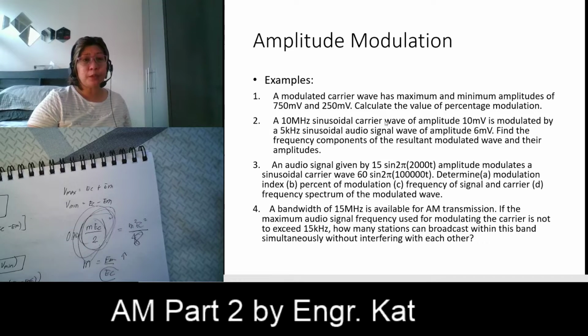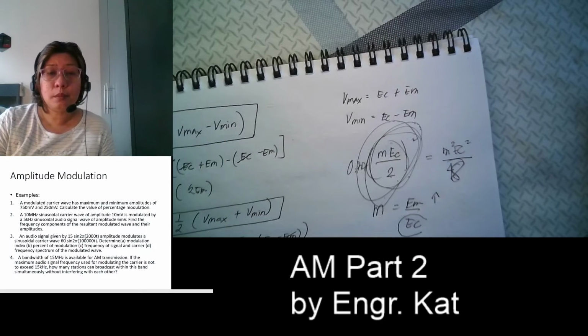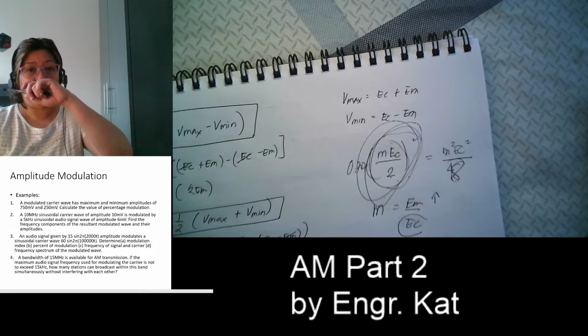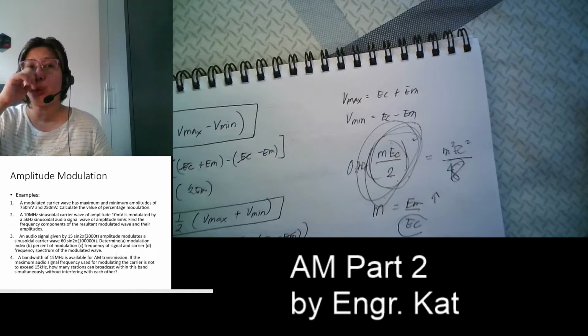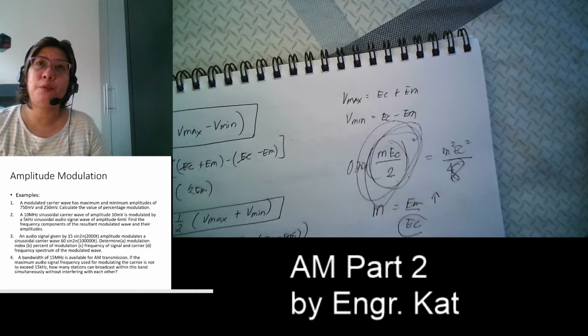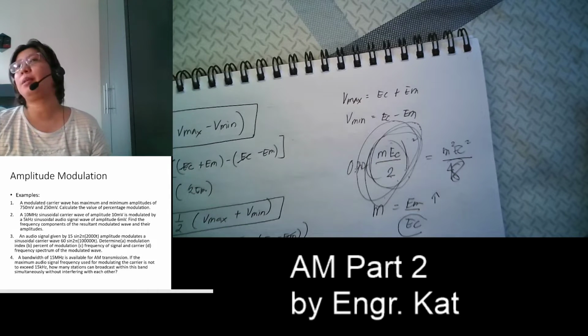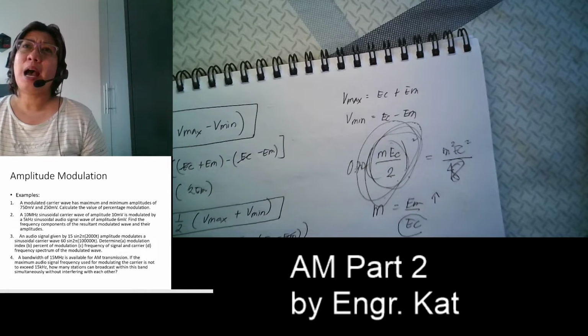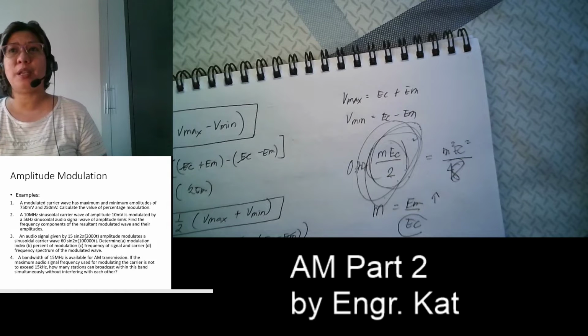For our example number one, it says here: a modulated carrier wave has a maximum and minimum amplitude of 750 millivolts and 250 millivolts. Calculate the value of percentage modulation. As I've told you, our problems here in amplitude modulation topics are very simple.